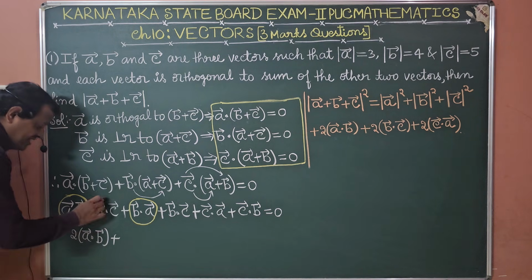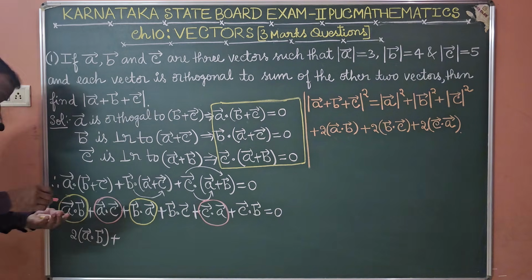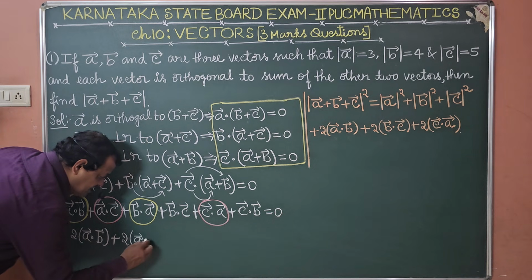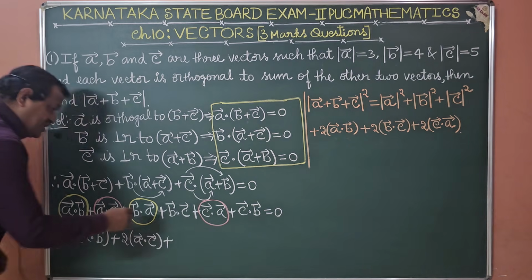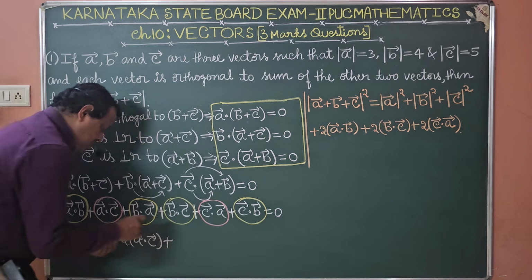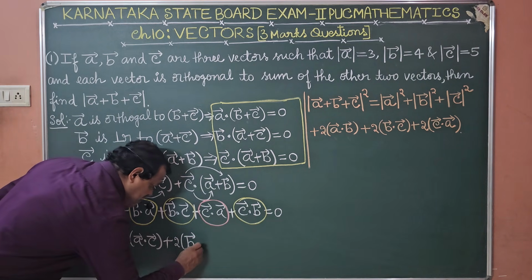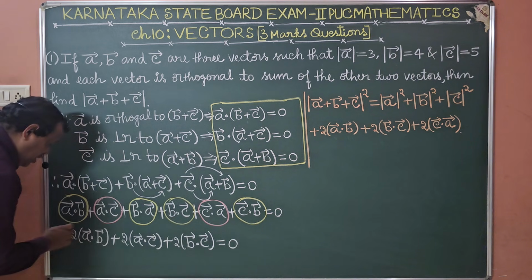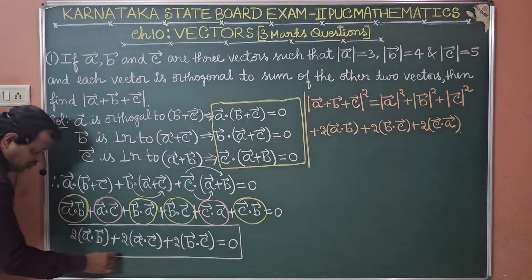Similarly, I will add A dot C plus C dot A, so this becomes 2 times A vector dot C vector, plus B vector dot C vector plus C vector dot B vector, that is 2 times B vector dot C vector. This is also 0. So this is one intermediate result we got.